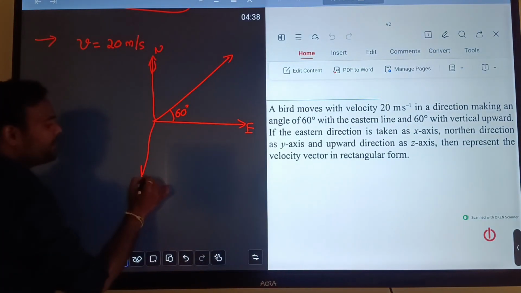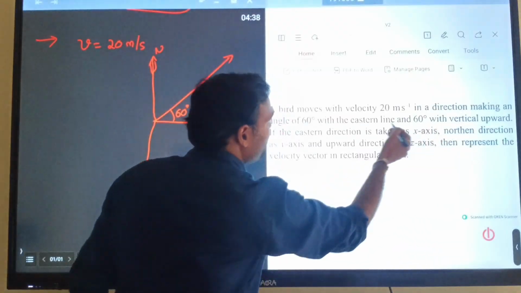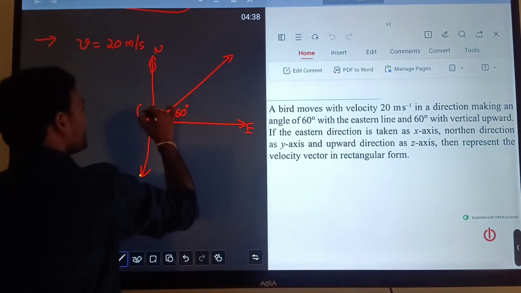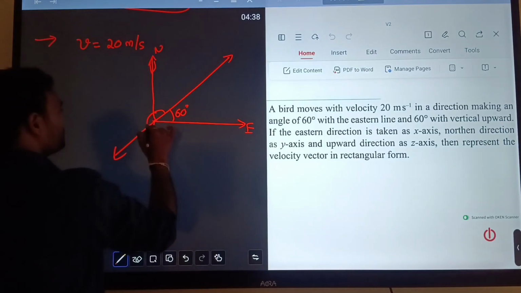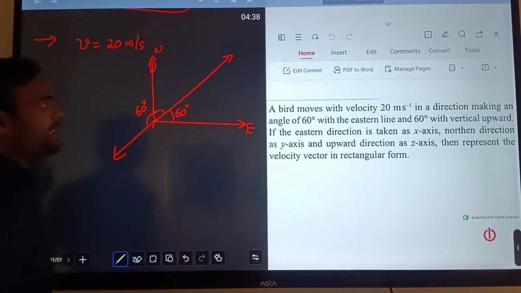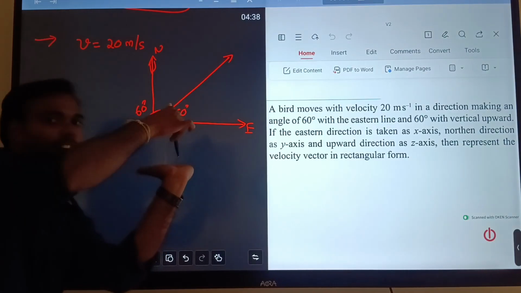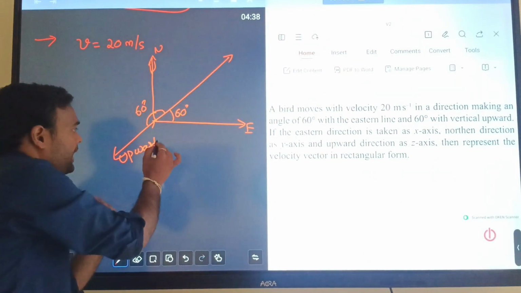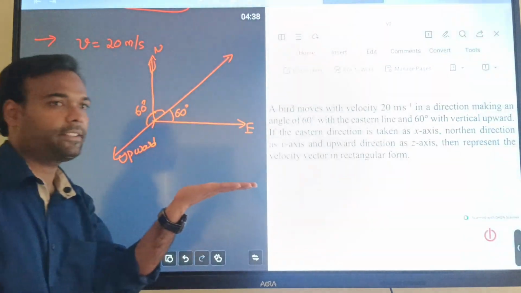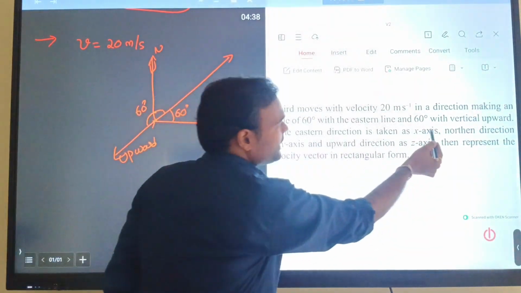Otherwise, we can represent it like this. The upward direction is like this, and it is making 60 degrees with the upward direction also. As it is a two-dimensional board, we cannot represent it exactly, so upward, again it is making an angle of 60 degrees.